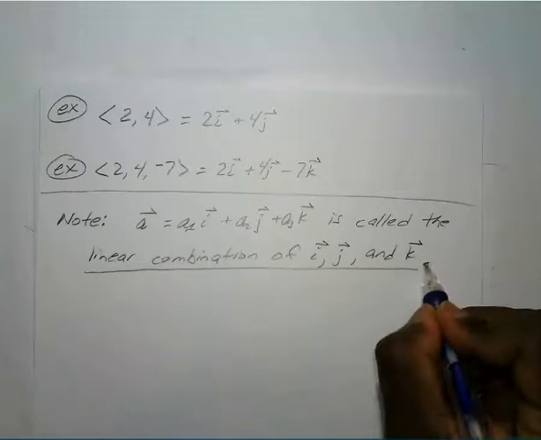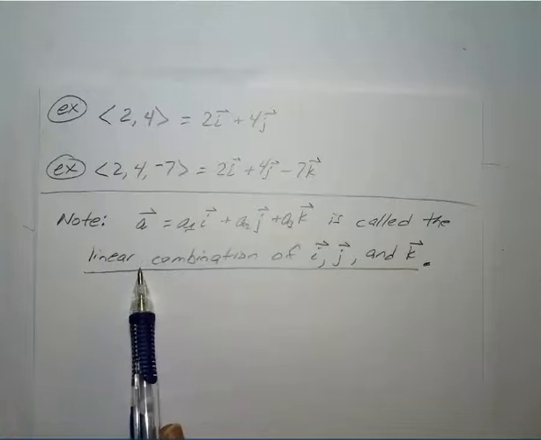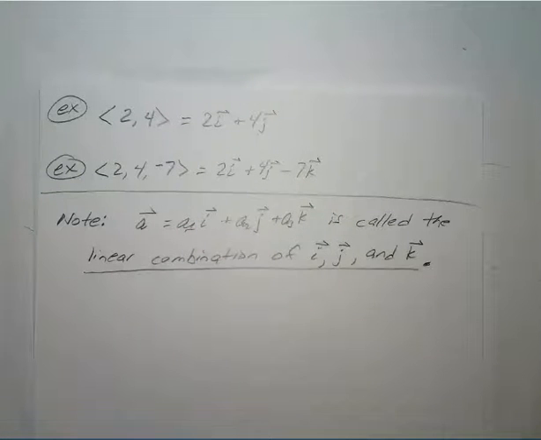So when you see a problem and they say solve it and give the answer as a linear combination, you have to give it as i, j, and k, or i and j if it's just 2 dimensions.